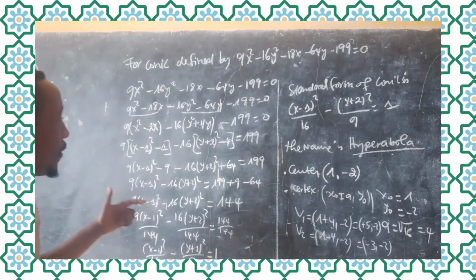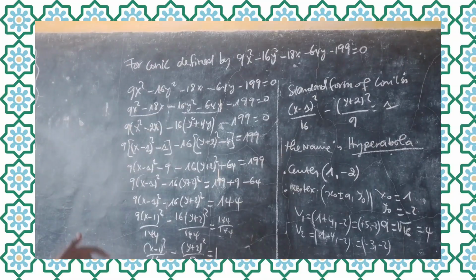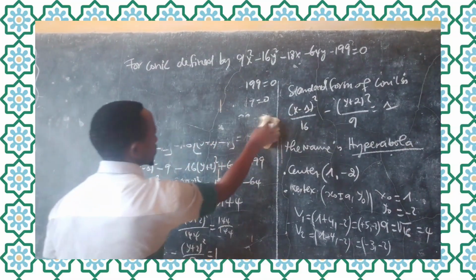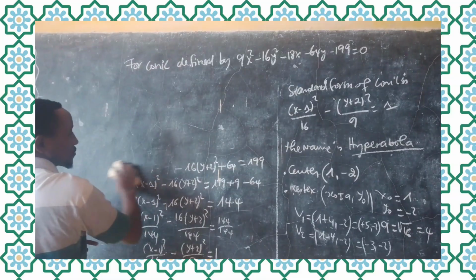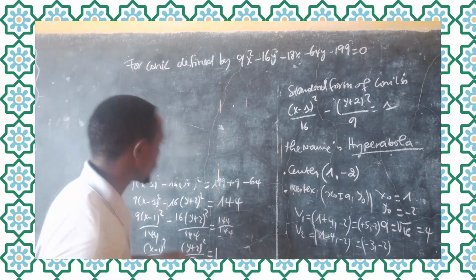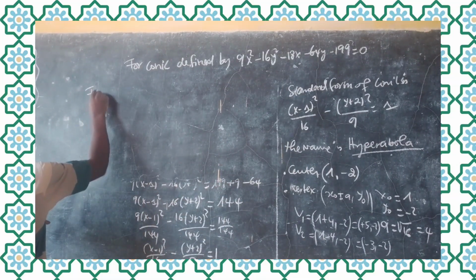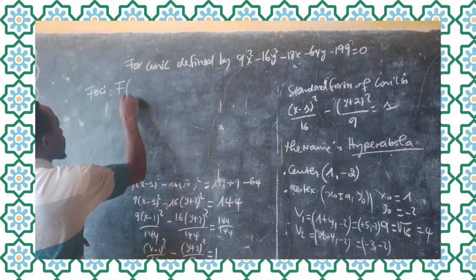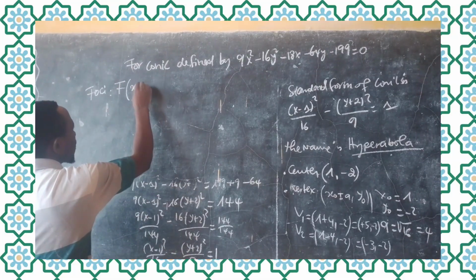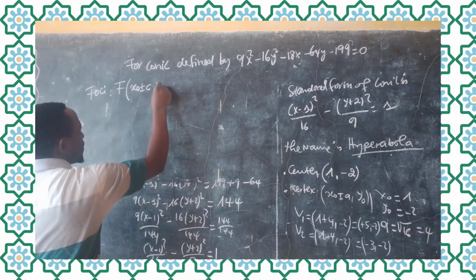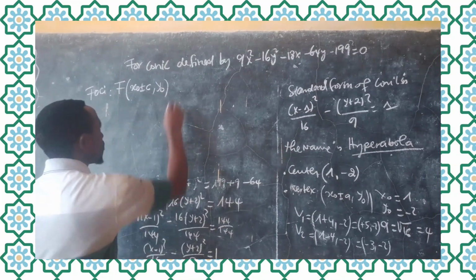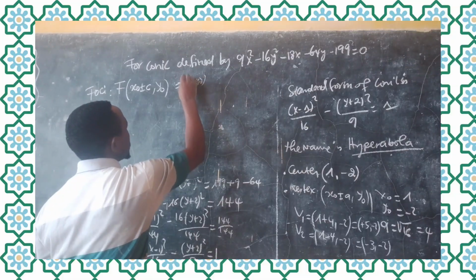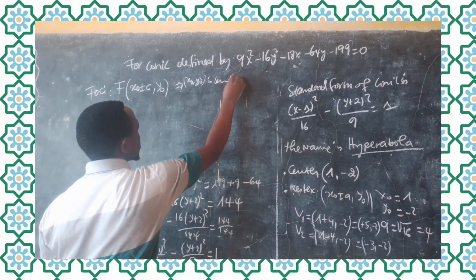So also we need to find the focus. Foci, also we have two foci. F is equal to (x0 plus or minus c, y0). Remember that x0 and y0 is the center.